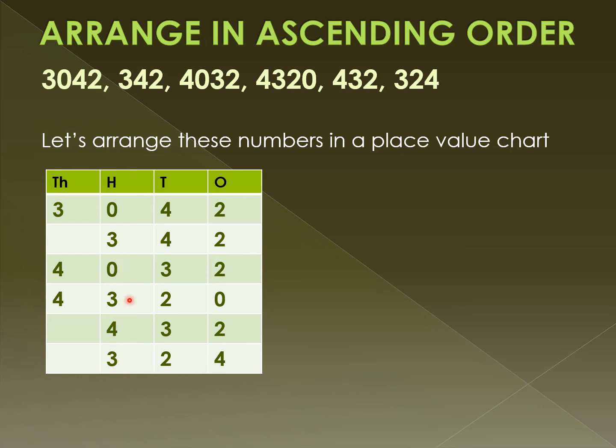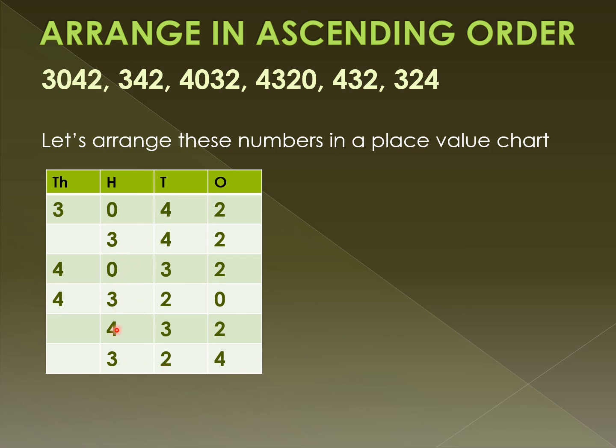So we have to compare these three numbers. First let's look at the hundreds place. Here it is 3, 4 and 3. Now 4 is greater and 3 are equal. So the comparison is between 342 and 324.